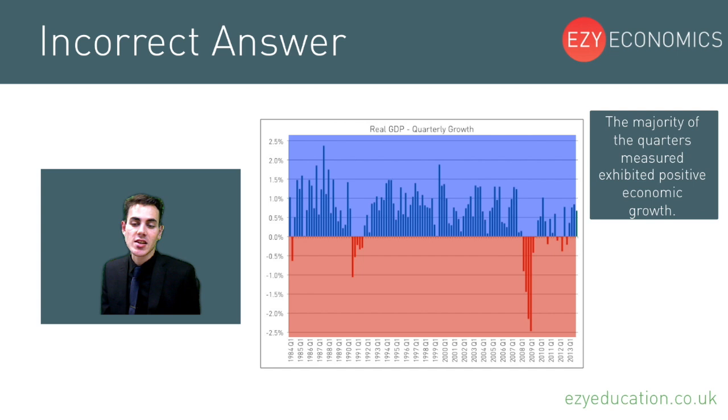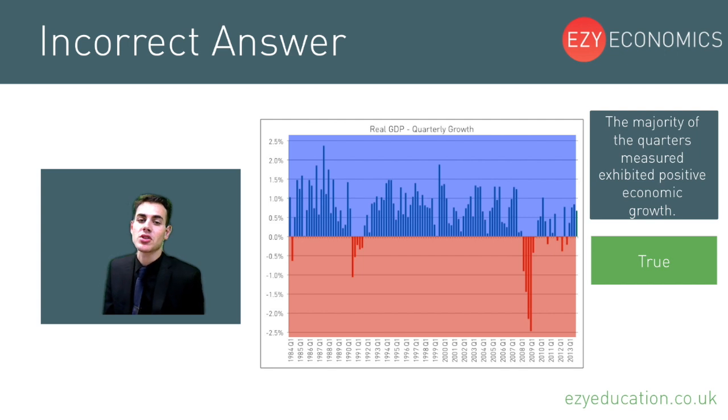Now you can just see by observing the data in this chart, there are far more bars that lie in the blue region than in the red region, backing up the statement that the majority of the quarters measured exhibited positive economic growth, meaning this statement was in fact true.